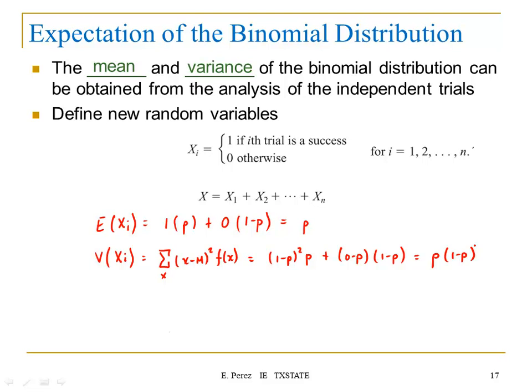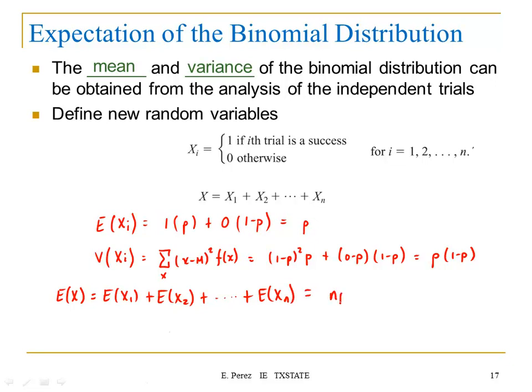Again, you don't need to know the derivation, but if you apply the concepts that you learned in the videos, you'll see that these are exactly the same definitions that we use to describe the expectation and the variance for random variables. So in general, the expectation of x is going to be the expectation of x1 plus the expectation of x2 plus up to the expectation of xn.